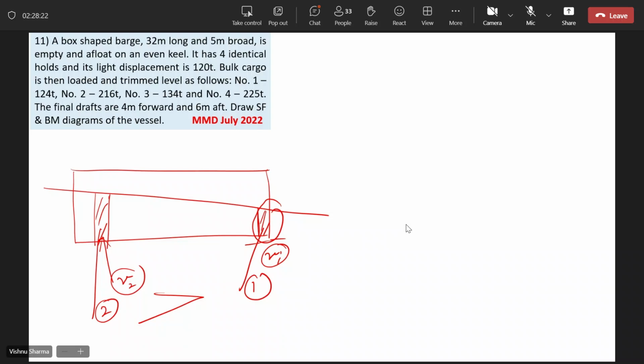And what is buoyancy? By definition, buoyancy is the weight of the water displaced, correct? Yes or no? So buoyancy is the weight of water displaced.